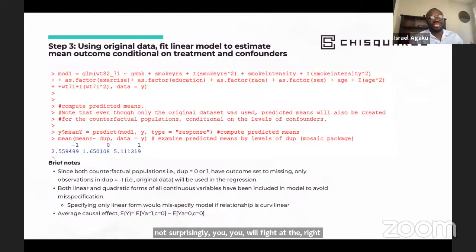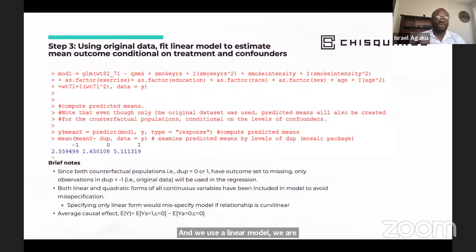But we're not interested in your baseline weight. We're talking about the change in weight from baseline to follow-up. So we're also adjusting for your baseline weight, which is a continuous variable, and we want to avoid model misspecification. So we also include a quadratic term here. Again, remember what I said earlier, if a relationship in the real world is linear and we use a linear model, we are fine.